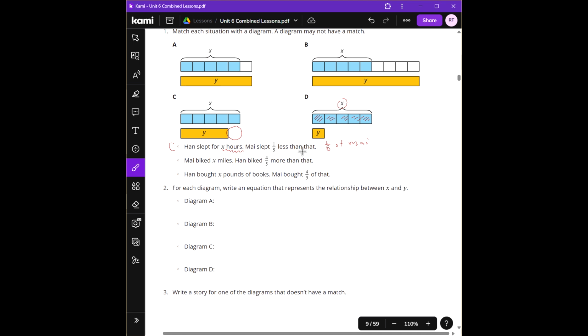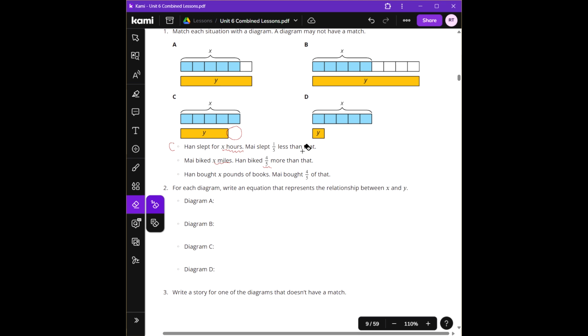Okay, so May biked X miles. Han biked 4/5 more than that. So we have our X, right? Our X's are on the top. I'm going to go ahead and erase this so we don't get it mixed up with the other problems.